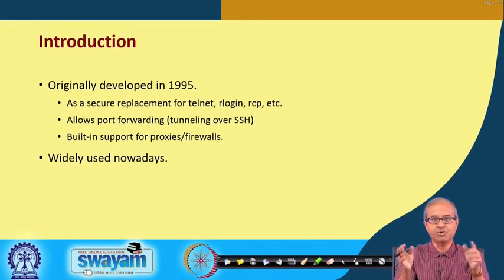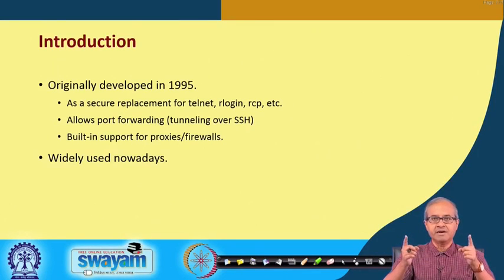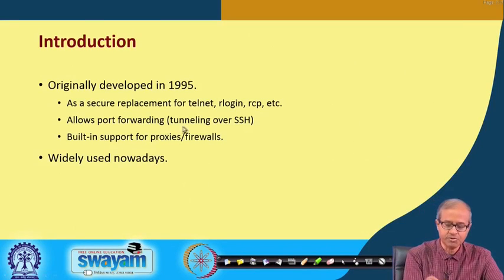It will be encapsulated with the header of the present layer protocol, whatever it is, and it will be tunneled or sent to the other side. On the other side, the header will be taken out and the original data with the headers etc., will be extracted. So, this supports tunneling over SSH.